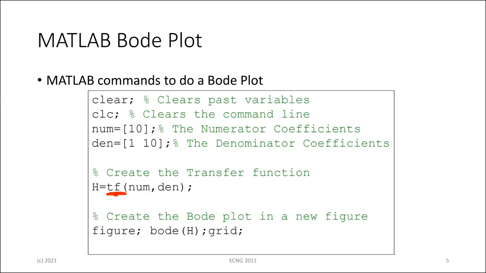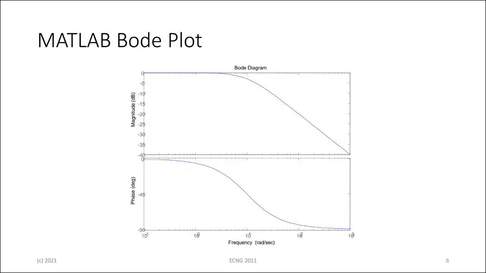Matlab has a command TF that creates a transfer function object H. And then if you use the command BODE, it is going to plot the frequency response, but it's not going to plot a straight line one. It's going to calculate and plot the actual response for you.